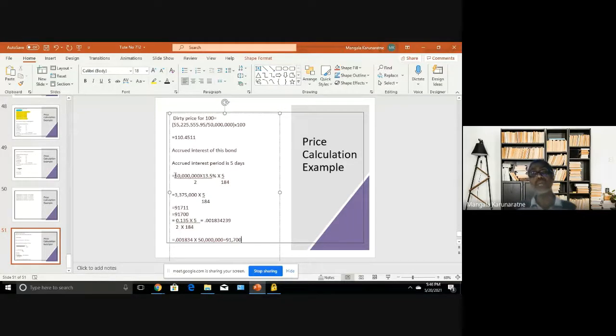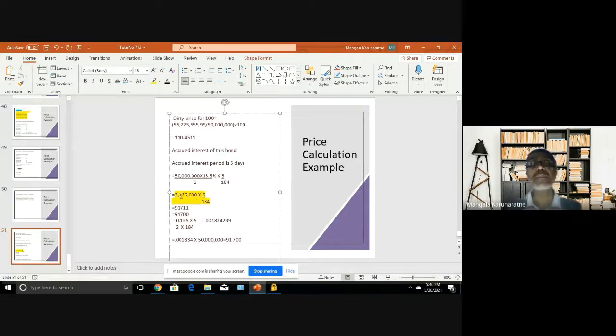Both ways you can do. This first method is easy because you get a coupon and you know that coupon is for 184 days. So you want to know the portion of it for 5 days. Now look at this area which I have highlighted.